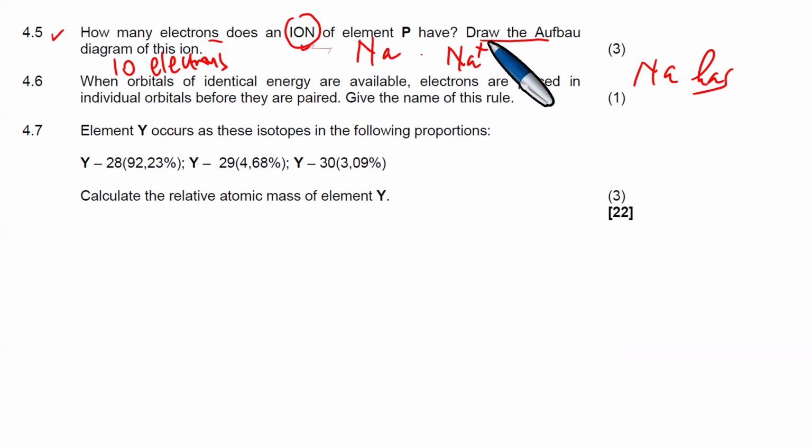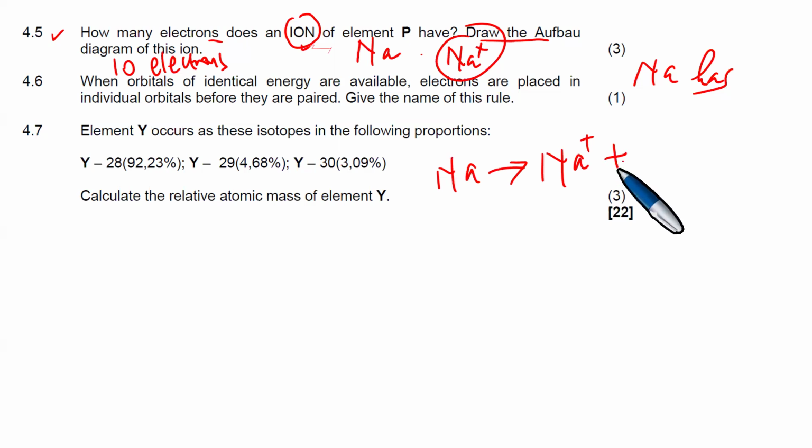Because it becomes Na plus, and Na plus means that it was neutral before, but now it has lost one electron. So Na becomes Na plus and one electron.